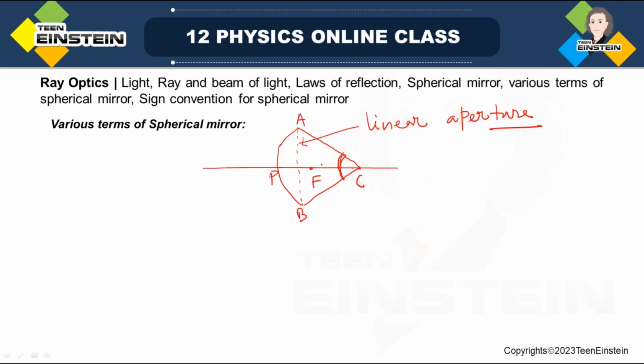See, the angle ACB is called the angular aperture. It is the angle subtended by the boundary of the spherical mirror.